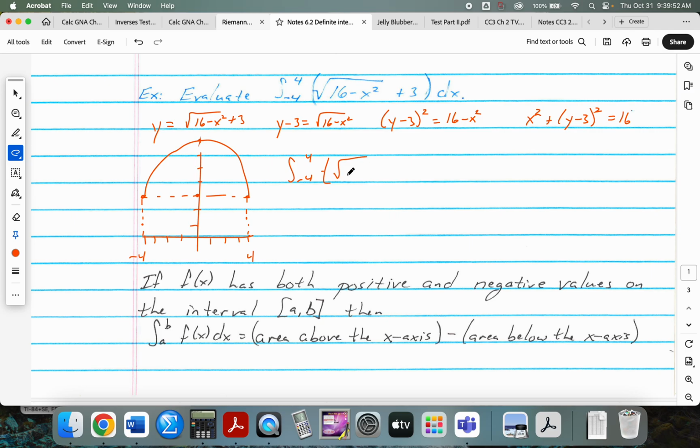So the integral of square root of 16 minus x squared plus 3 dx is going to be equal to, I've got this rectangle down here on the bottom which has a width of 8 and a height of 3. So that's going to be 24. Plus I've got half of a circle where the radius is 4. So this will be 24 plus 8 pi.